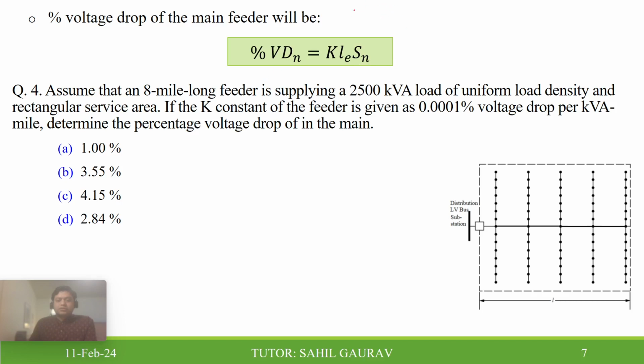So in this expression, K is the percentage voltage drop per kVA kilometer of the feeder, and L is the effective length of feeder.